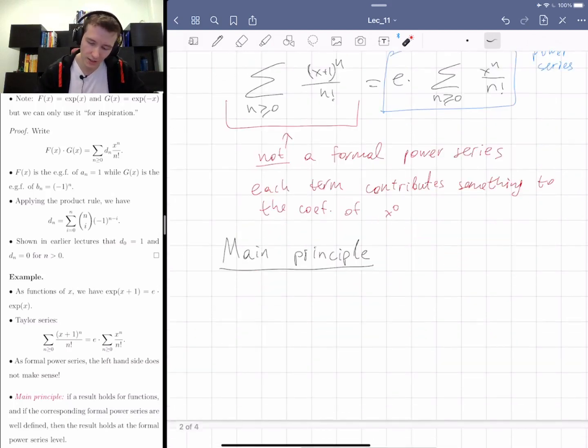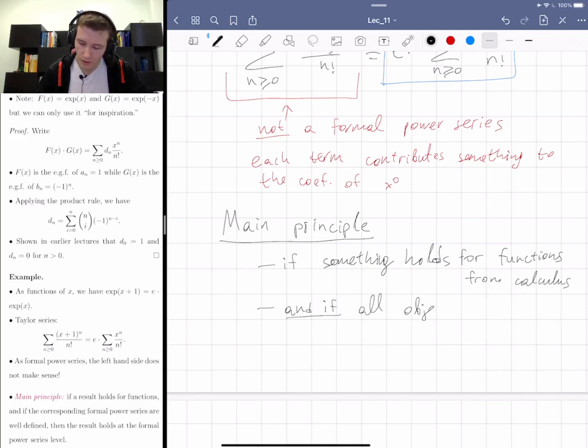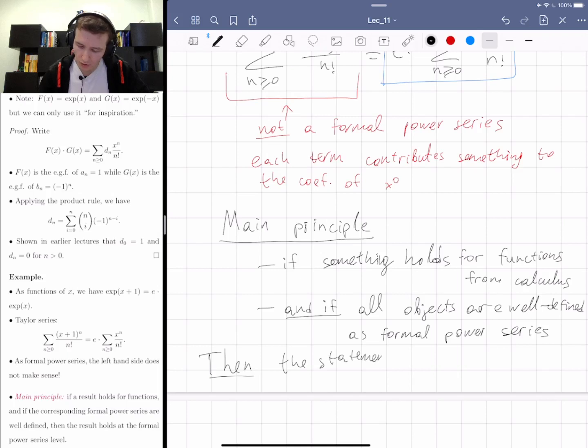But the main principle that I want to state is that if something holds for functions from calculus, right, for convergent power series, and if all objects are well defined as formal power series, then the statement holds for formal power series.